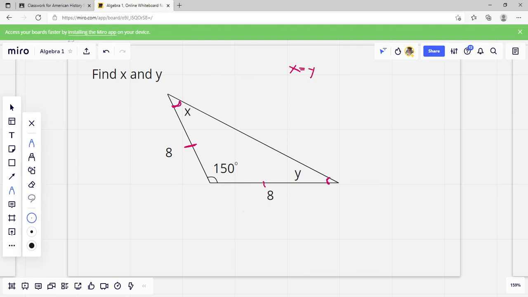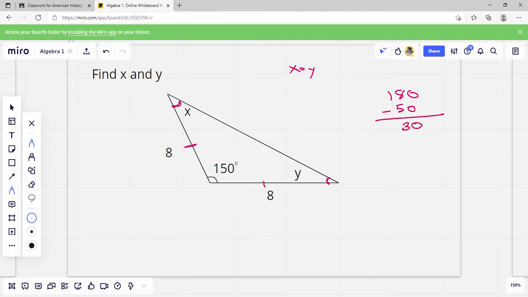Okay? But we don't know x or y. So what we have to do is try to figure that out. All right, so we know that 150 right there. So we start with 180 and we subtract our 150, and that'll tell us what we have to have left. So 180 minus 150 would be 30.